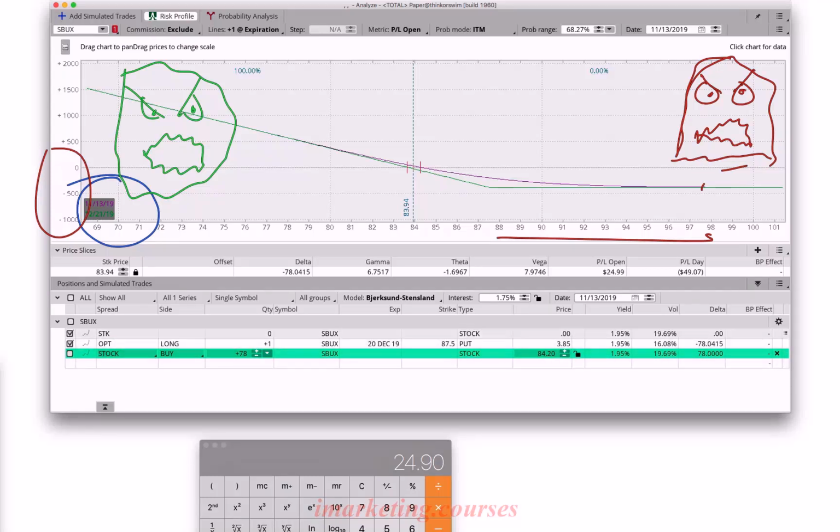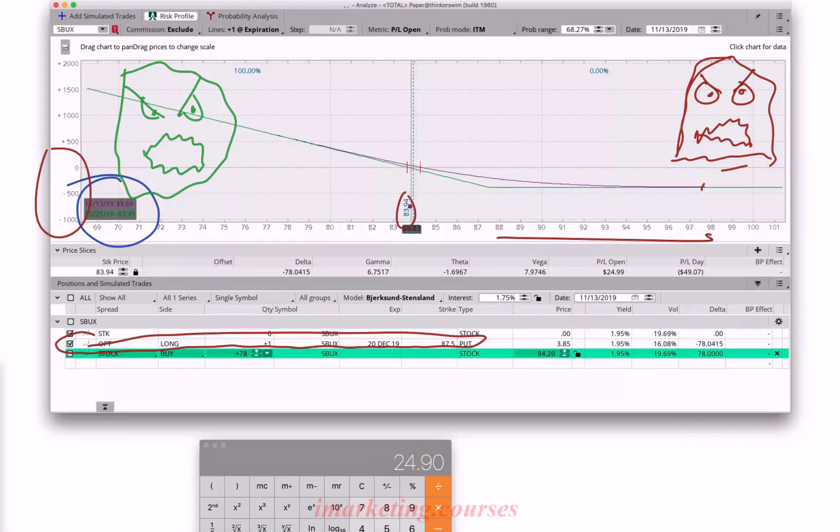Well, you'll notice that with this long put highlighted right here, at 83.94, where it is right now, it has a delta of negative 78.